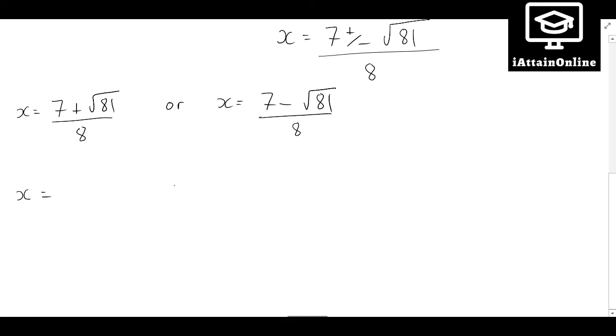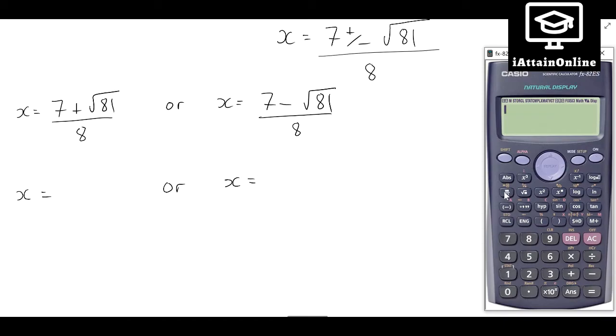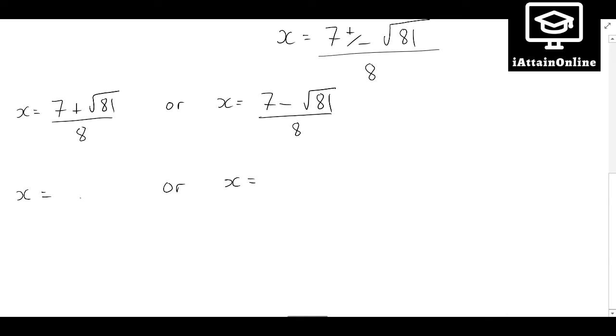So for my two solutions to this one, we bring up the calculator again, clear that one. 7 add the square root of 81 all divided by 8. That equals 2.